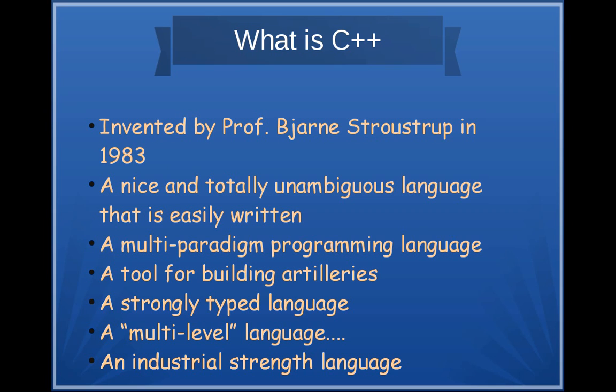So now, it was invented by this man in I think AT&T Bell Laboratories. Okay, and since then it has grown so much to be widely accepted. Now the next point is that it's a nice and totally unambiguous language that is easily written. These are some of the strengths of C++ that makes it widely adopted by the industry today.